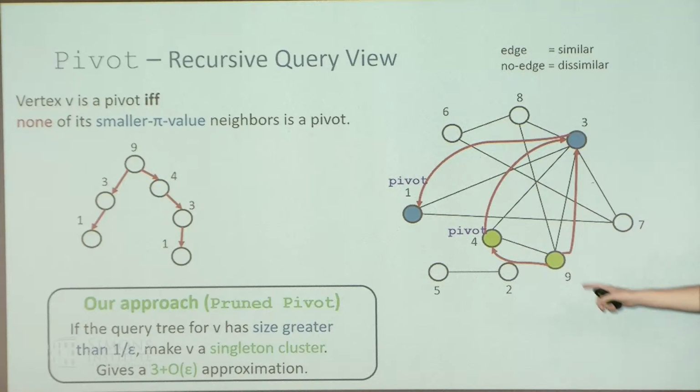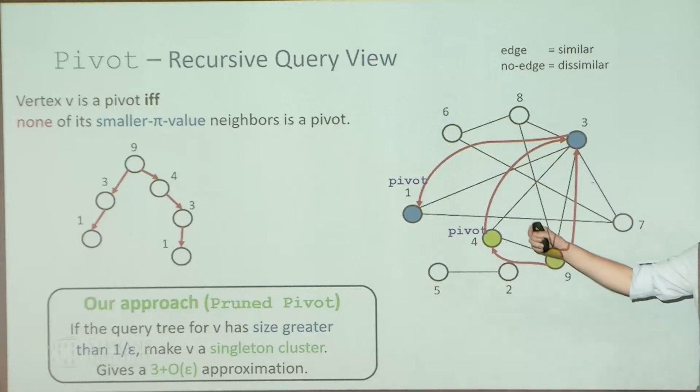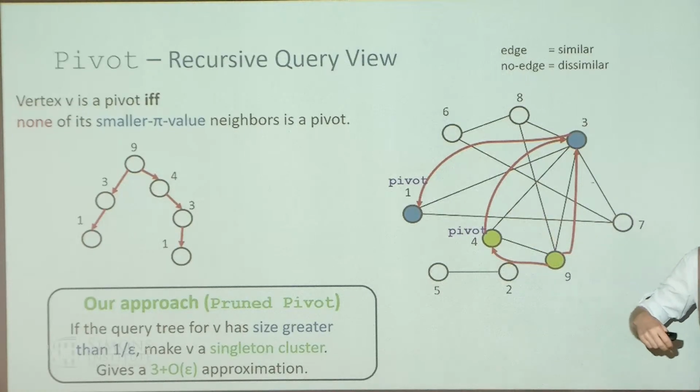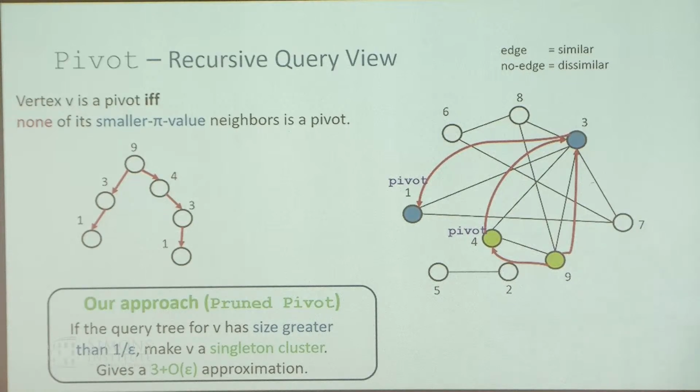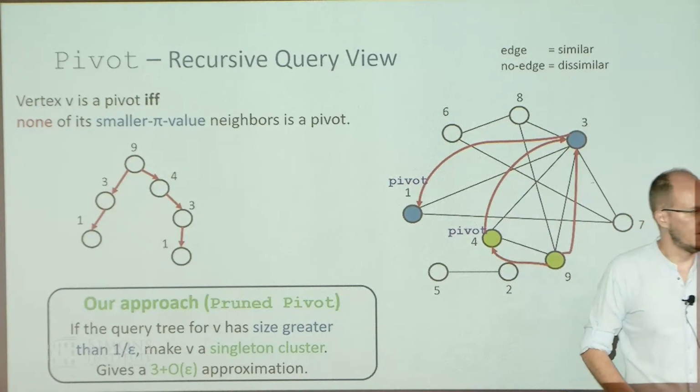Say, well, 9, I will take 9 as a separate singleton cluster, and I will stop execution from there for vertex 9. So that's it. This view on the process was helpful because then it's easy to define what our approach does. And you can again show that this gives you a 3 plus order of epsilon approximation.